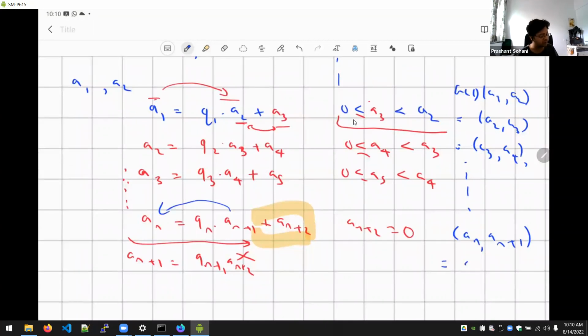So An plus 1 is itself the GCD of these two numbers. Basically, the last non-zero remainder that you get, An plus 1 here, is the GCD of your original pair. Okay, so this is Euclid's algorithm, so that you don't have to know the prime factorization of the numbers. You can still find a GCD very efficiently.